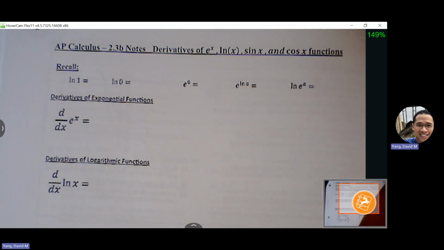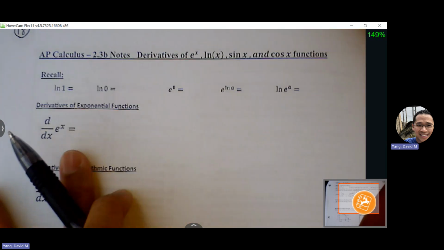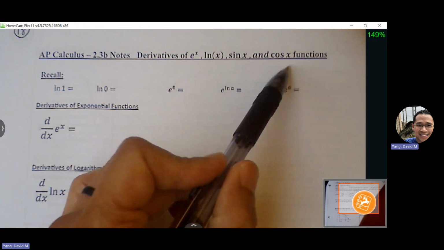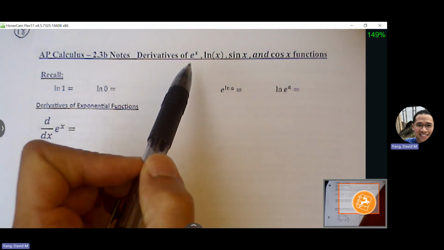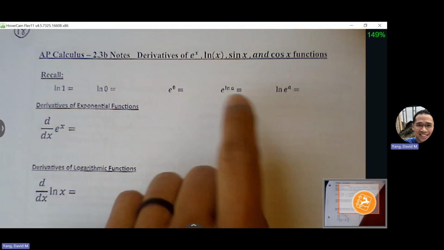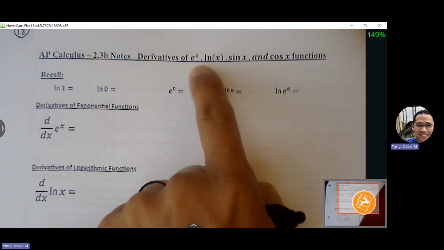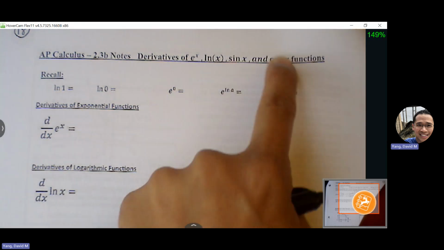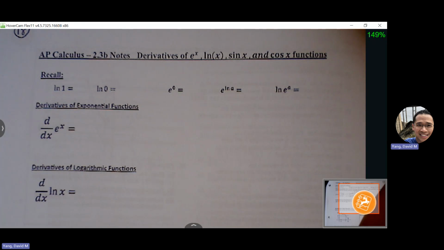So we did power rule. Power rule is the most used derivative rule, the one that's going to show up more often than any others. But these are also really close in terms of the amount of times you're going to see them on the AP exam. So e to the x, natural log, sine, and cosine are very commonly represented functions on the AP exam.